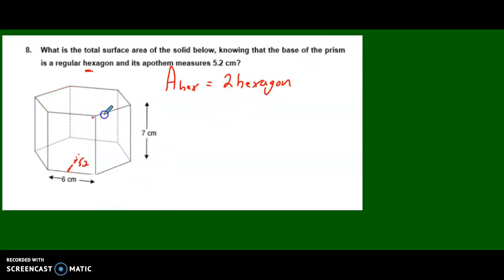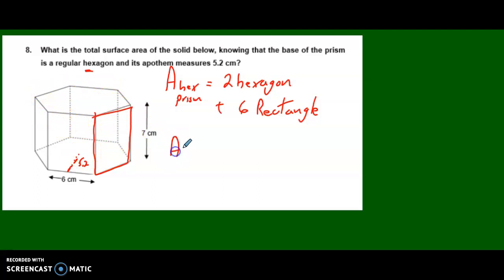And then we have 6 rectangles. So all we have to do is add them all up. Let's start with the hexagon.